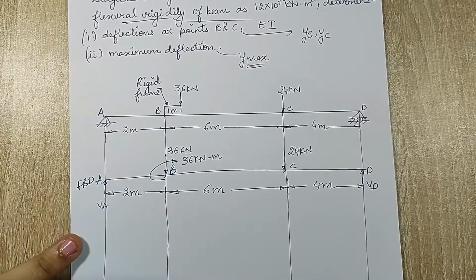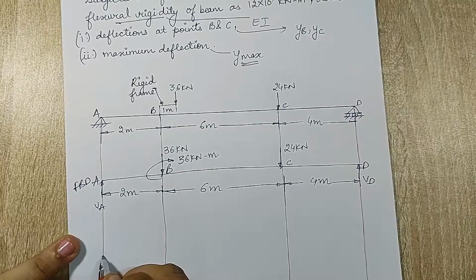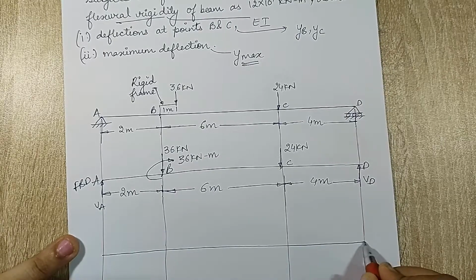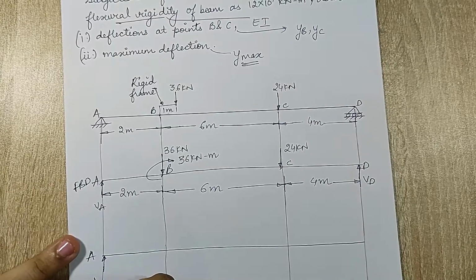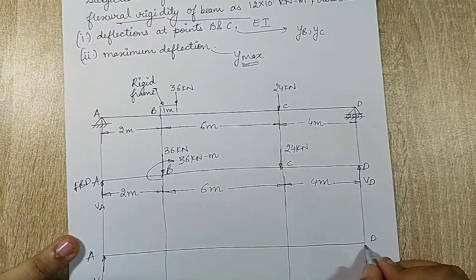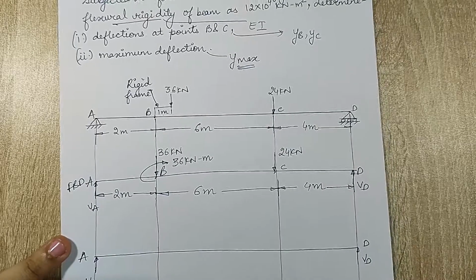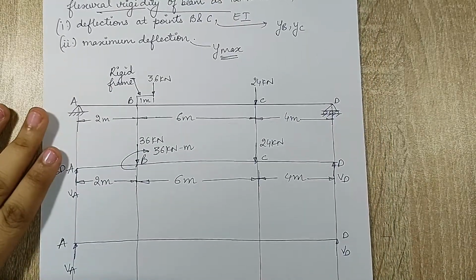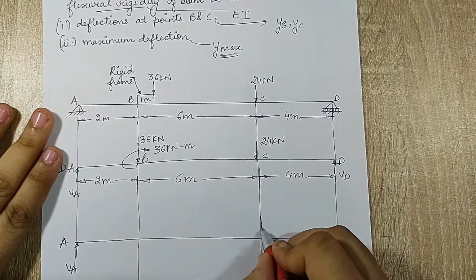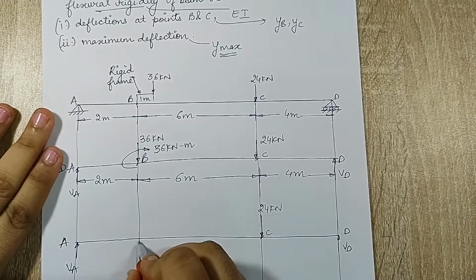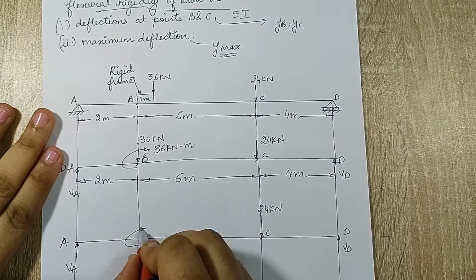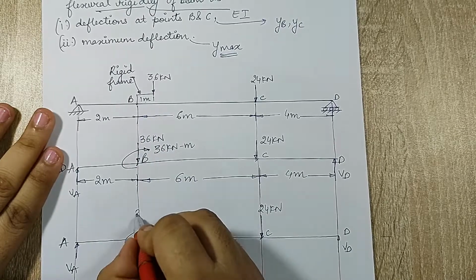Next I am going to draw the diagram with the slider. So here I have VA, this is VD. Next at C I'll draw 24 kilonewton. At B I have a moment and a load both.